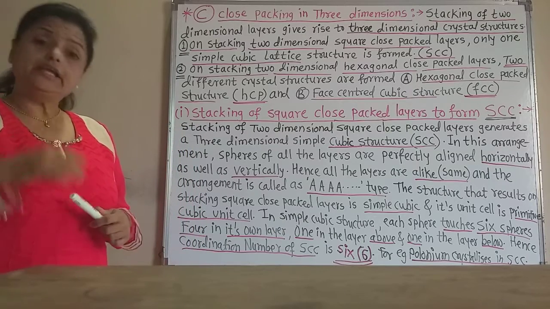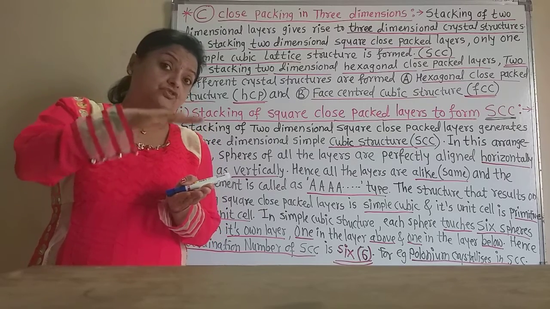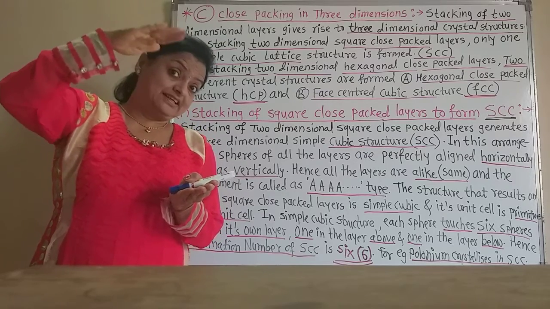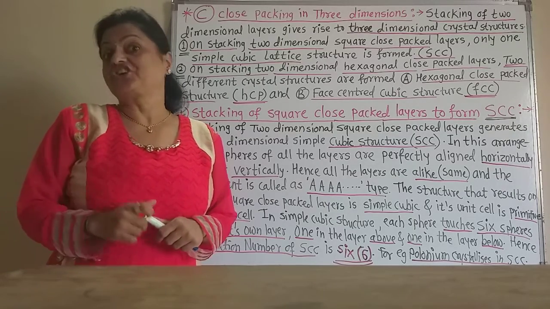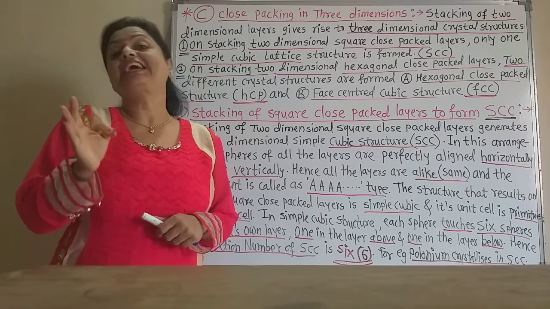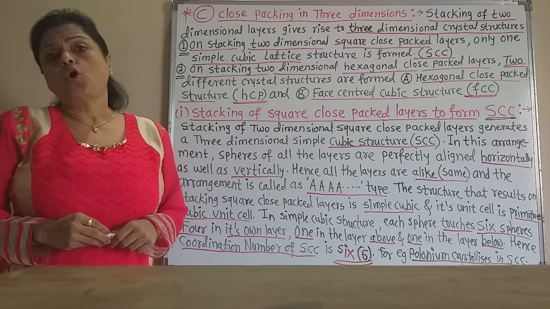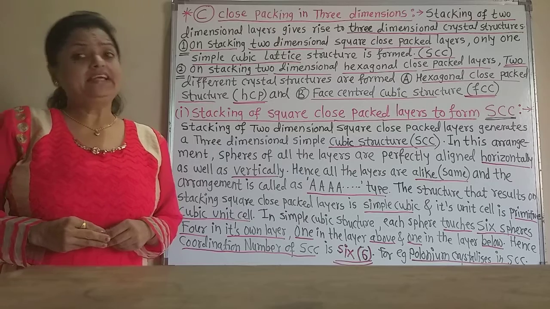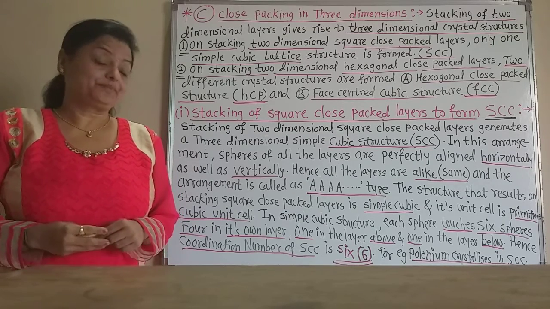Now if we stack the two-dimensional layers one above another, then there is formation of the three-dimensional structure having length, breadth and height. The stacking of the two-dimensional layers forms a three-dimensional crystal structure.